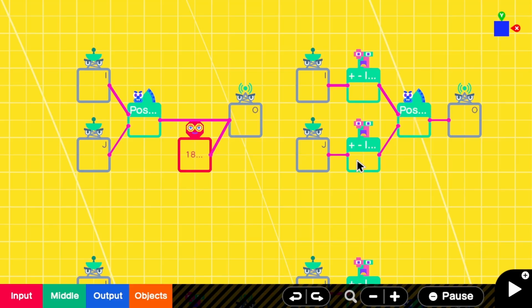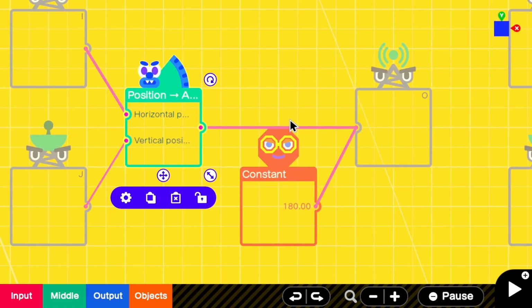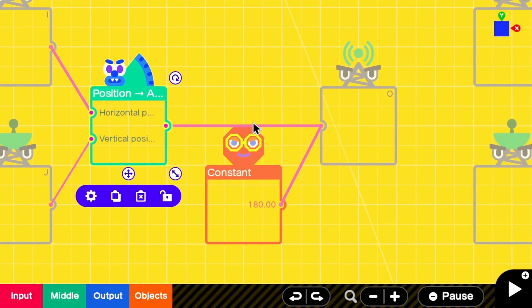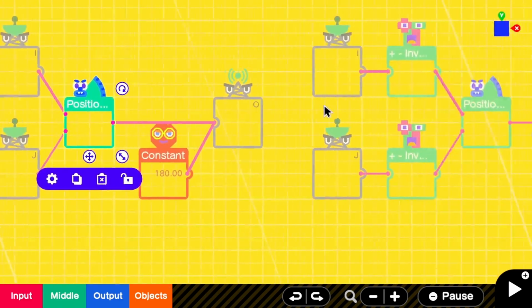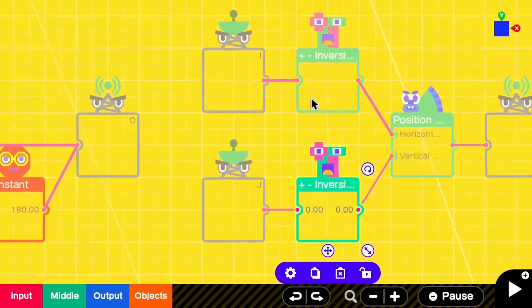Then for this next one, let's say we have our position to angle here and we want to add 180, or basically flip our angle around 180 degrees across the circle. To do that, we can instead add both of these inversions and invert both of our inputs here.